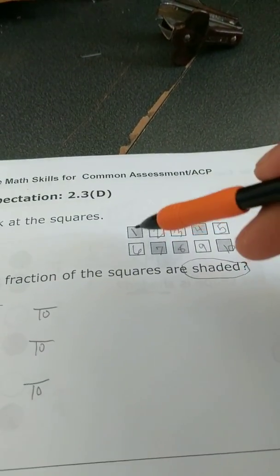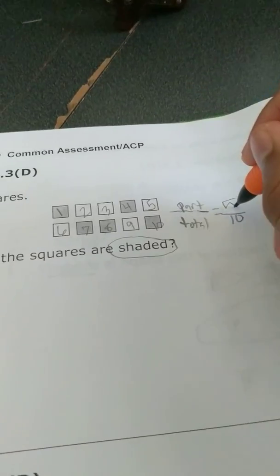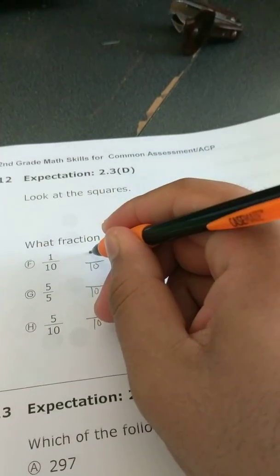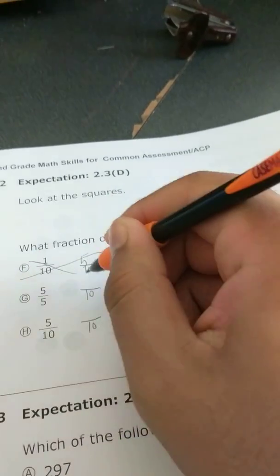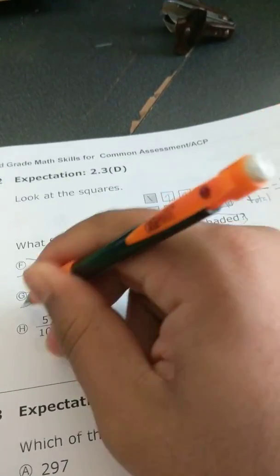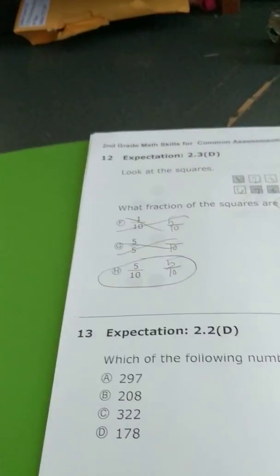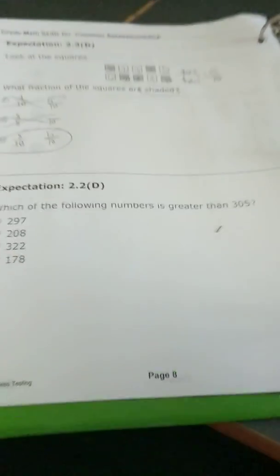How many squares are shaded? 1, 2, 3, 4, 5. 5, 10. Nope. This one's already a nope. Yes. Good job. Answer number 12 is H.